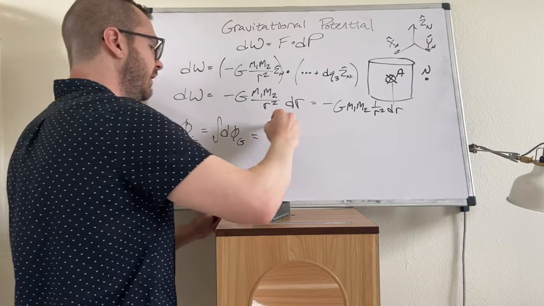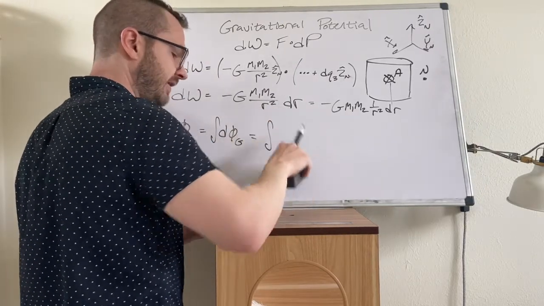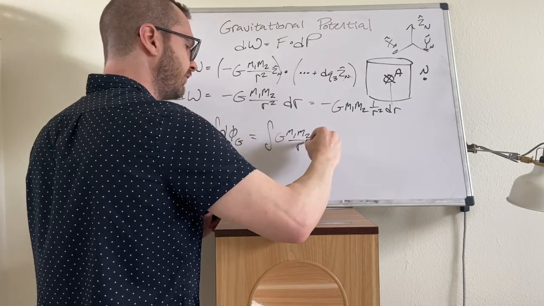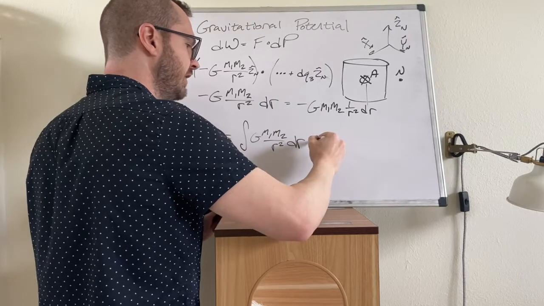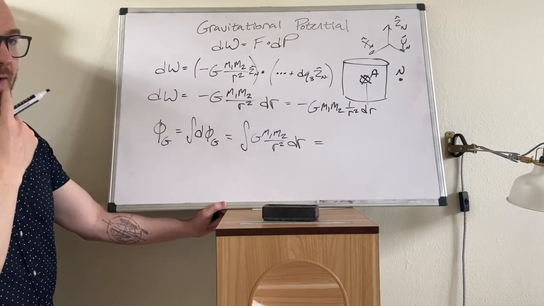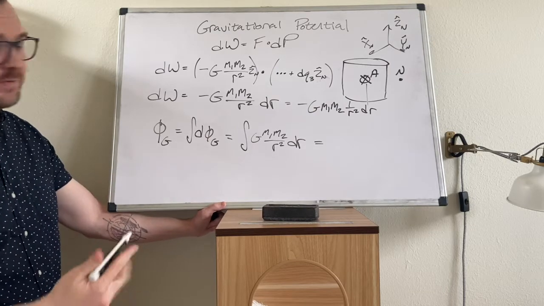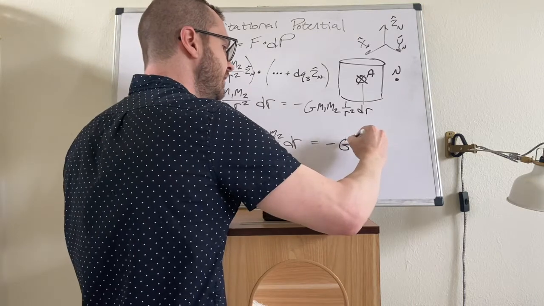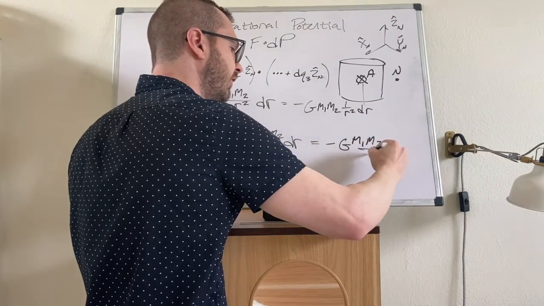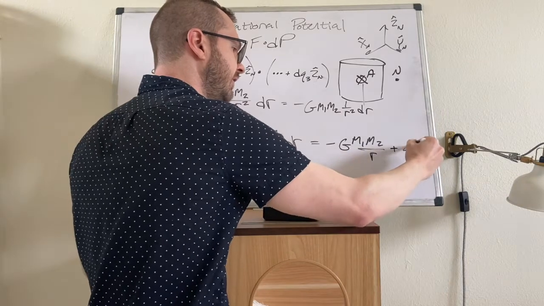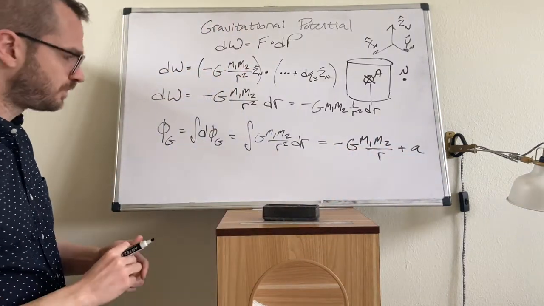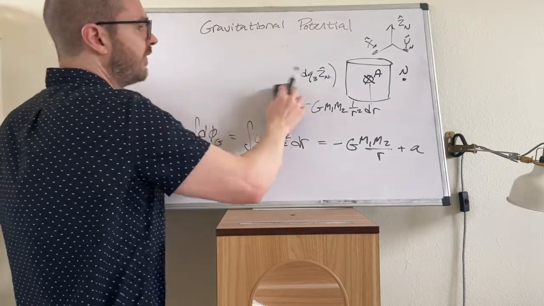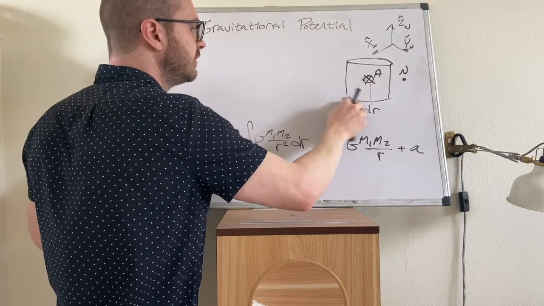So the integral of, it's not negative anymore, G m1 m2 over r squared dr. This is going to yield, now, when we integrate this, we're actually going to get a negative. If you integrate this term, it becomes negative G m1 m2 over r plus, again, some integration constant. So let's clean this up just a little bit. Our final expression for gravitational potential.